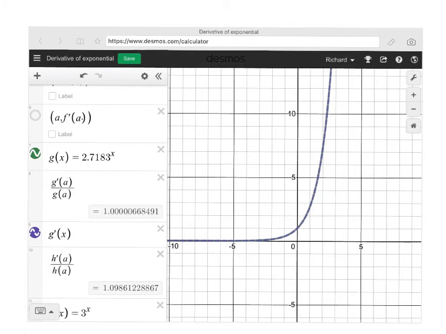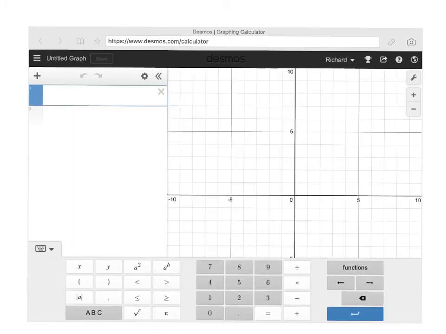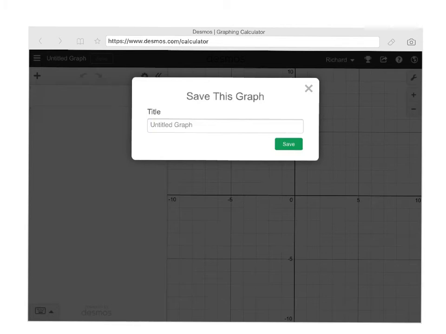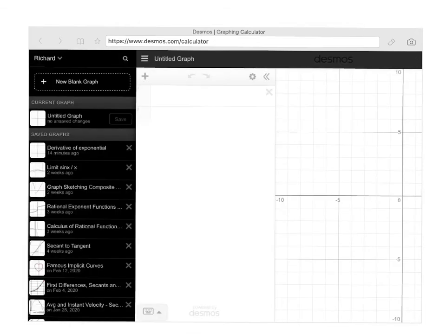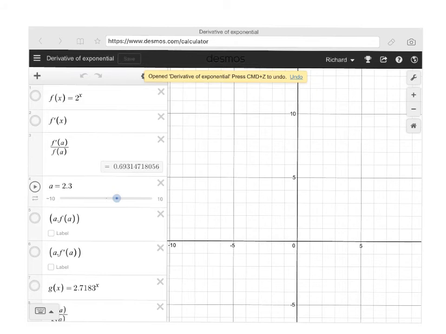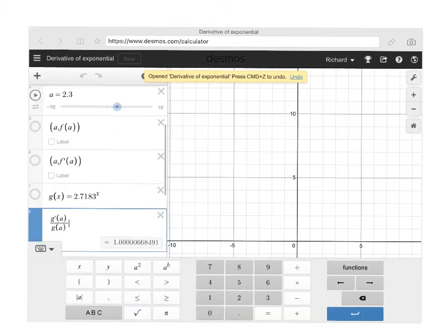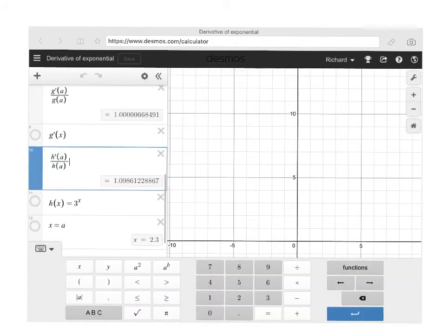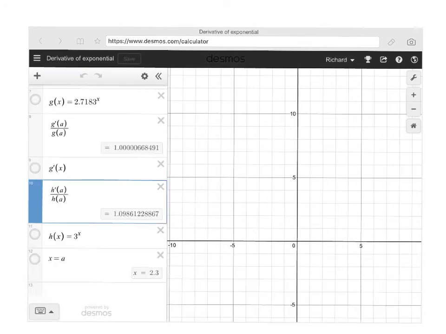So let's go back to, now that we know that, I think I have to restart this again. Okay. So what I'm going to do now is go to 3 to the x and see what happens. So h of x is 3 to the x.